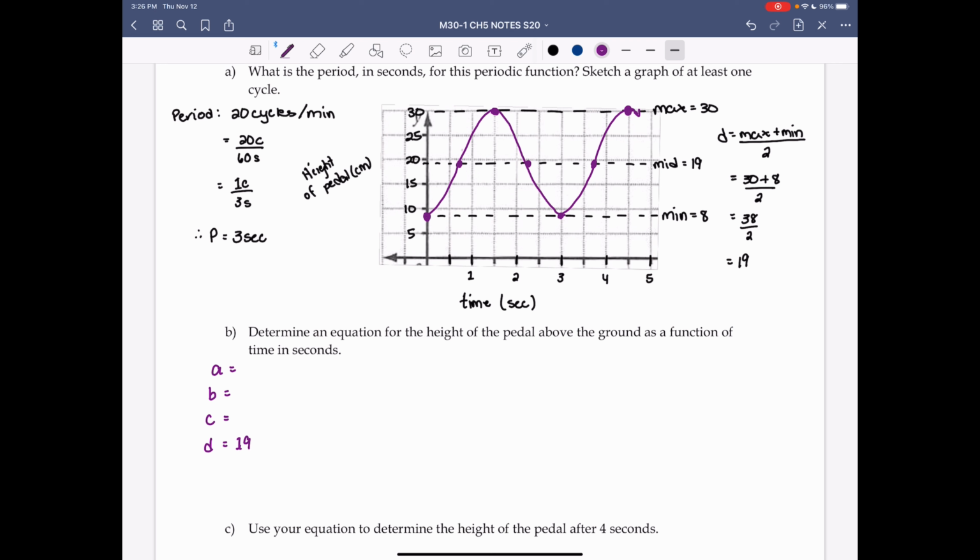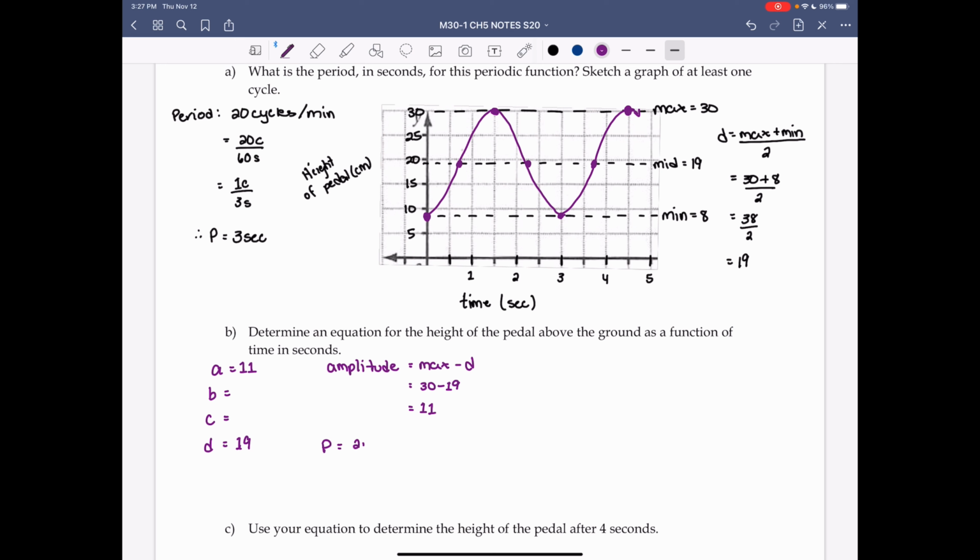Then A equals the amplitude, if A is positive, which equals the max minus the D value, which is 30 minus 19, which gives us 11 for A. I can use the period to find the B value.